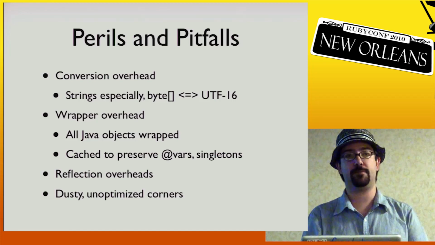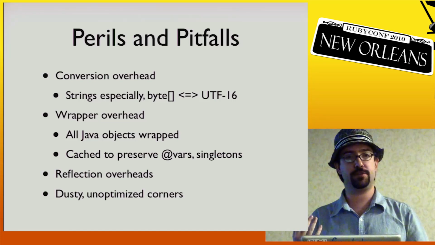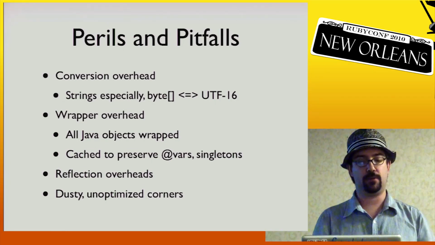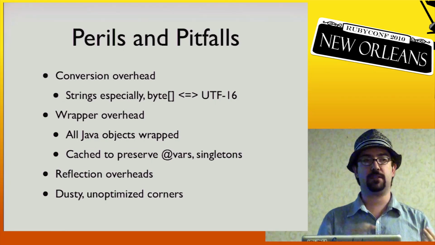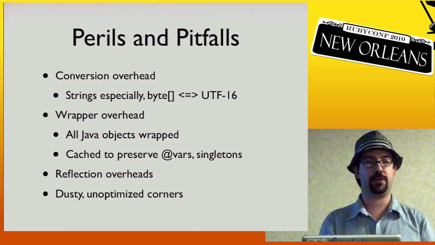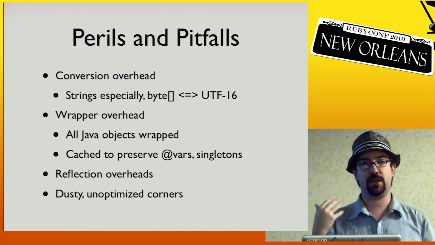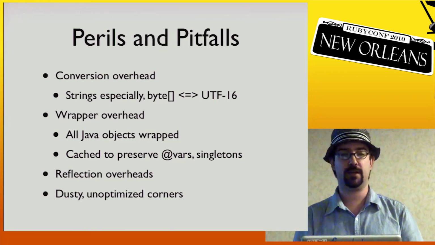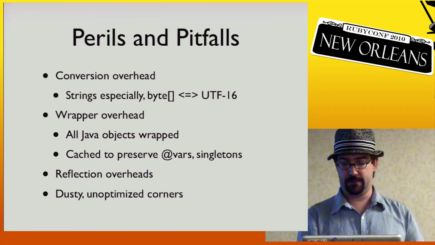There's, of course, overhead from using reflection. JRuby primarily uses Java's reflection APIs to call into Java from Ruby. That adds a little bit of overhead as well. And of course, there's always little dusty, unoptimized corners of JRuby. We've improved release on release, lots and lots of Java integration stuff and the performance of calling from Ruby to Java, but it's still always a little bit of work to be done.